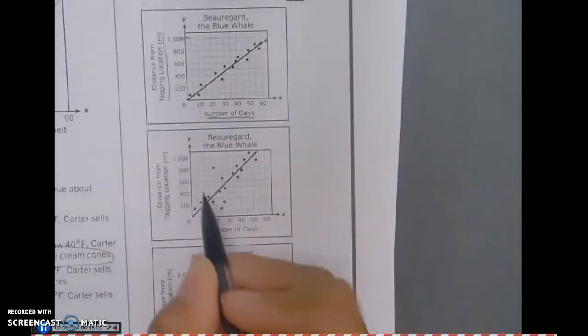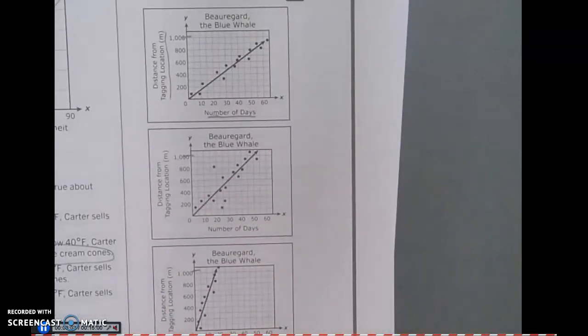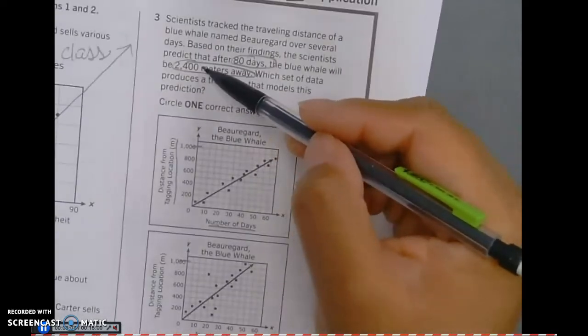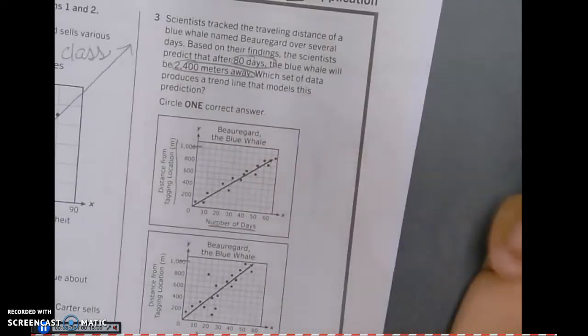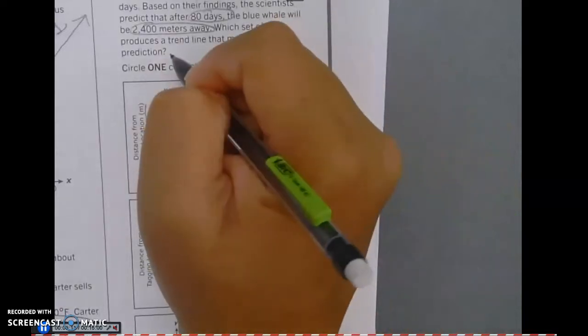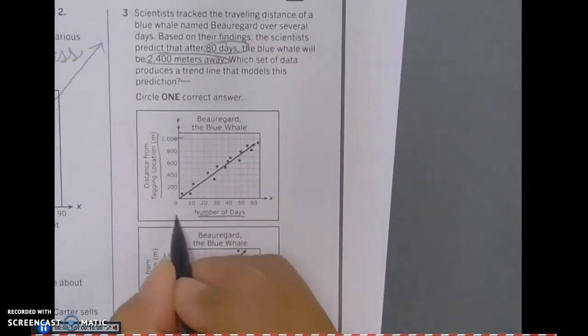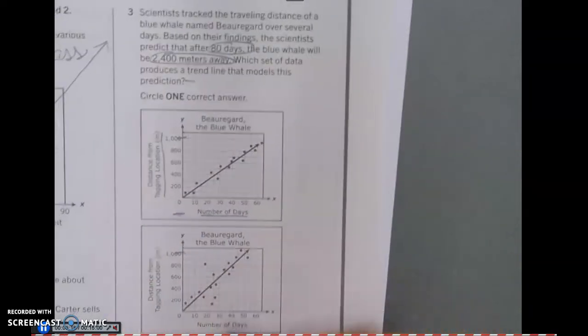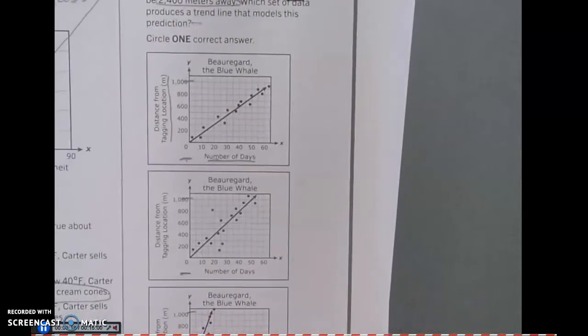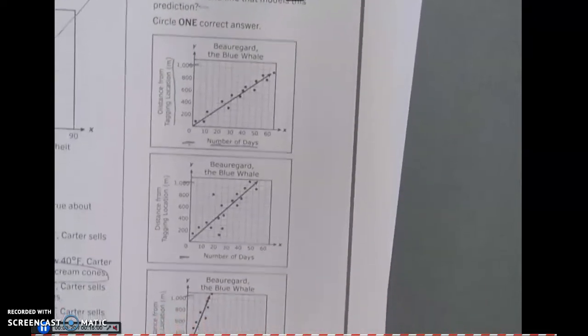And if I look at every single one of these y-axes, they stop at 1,000. 2,400 is double that and then 400 more. So I need to be way up here for this one, way up here for this one, and way up here for this one.